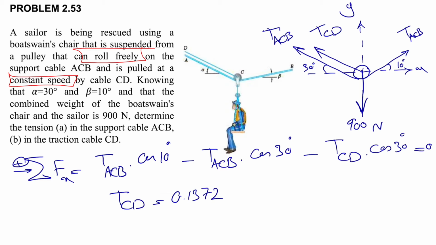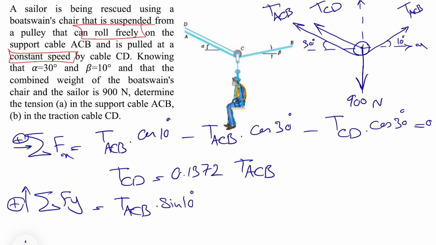That's pretty much what we have for our x equation. And from here we can find TCD based on TACB. And if we do that, we'll get 0.1372 TACB. So let's move on to the sum of all forces in the y direction. Here again the y component of TACB will be positive.